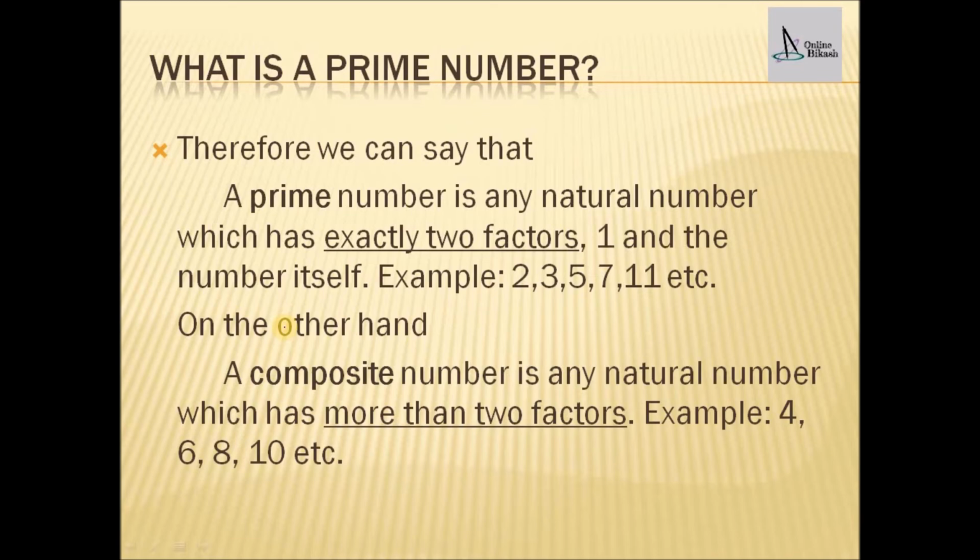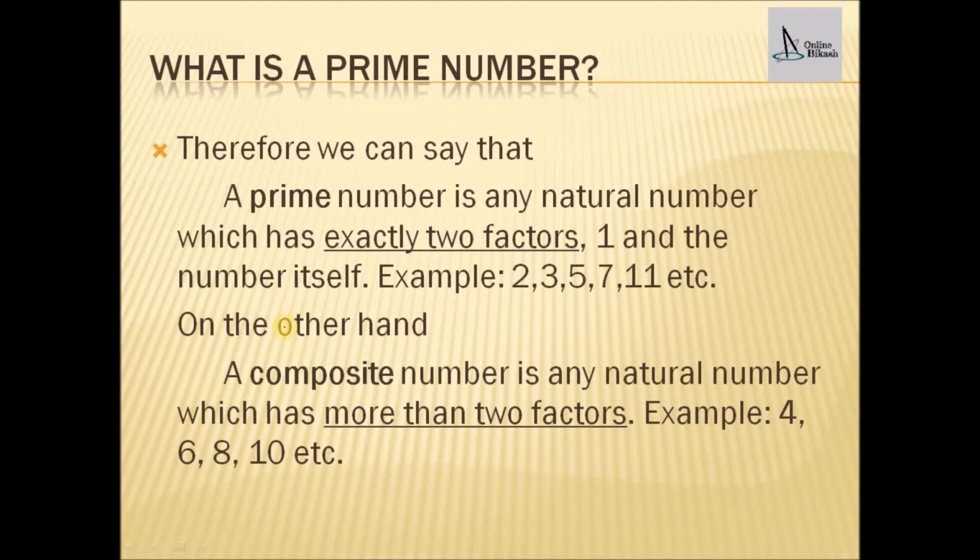So if I give you a number, say 20, and ask you, is 20 a prime number? Your first basic thing to do in your mind is to check how many factors 20 has. If it has more than 2 factors, then it is not a prime.